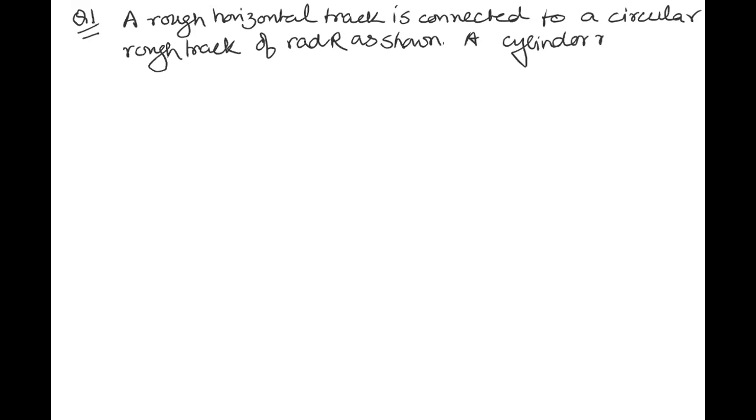Cylinder rolls with VCM equal to V naught on the horizontal track.